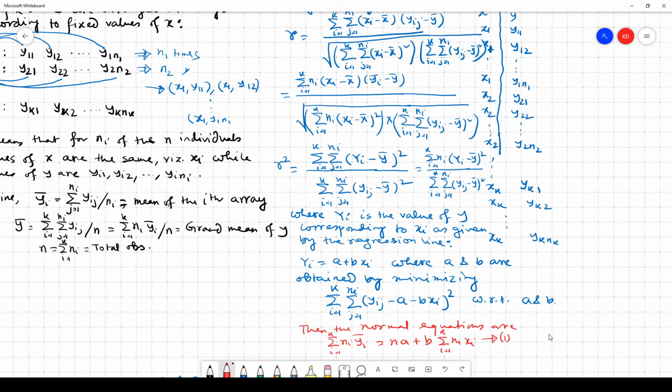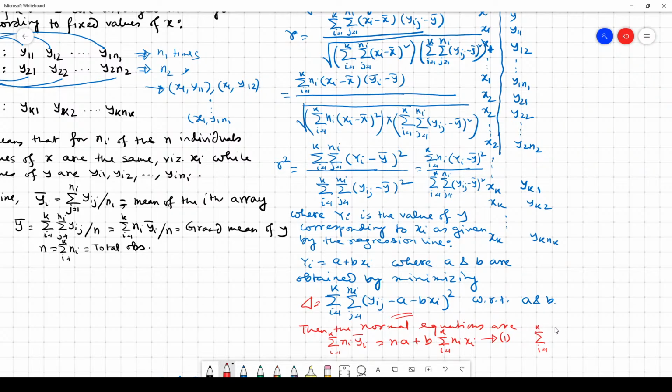And equation number 2 is obtained by the partial derivative with respect to b, and then equating it to 0.